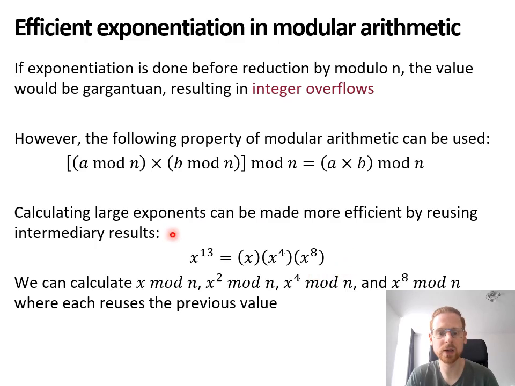We only need to calculate x modulo n, x squared modulo n, x to the power 4 modulo n, and x to the power 8 modulo n, and then reuse previous values. So by calculating only these four values, we can calculate x to the 13th modulo n.